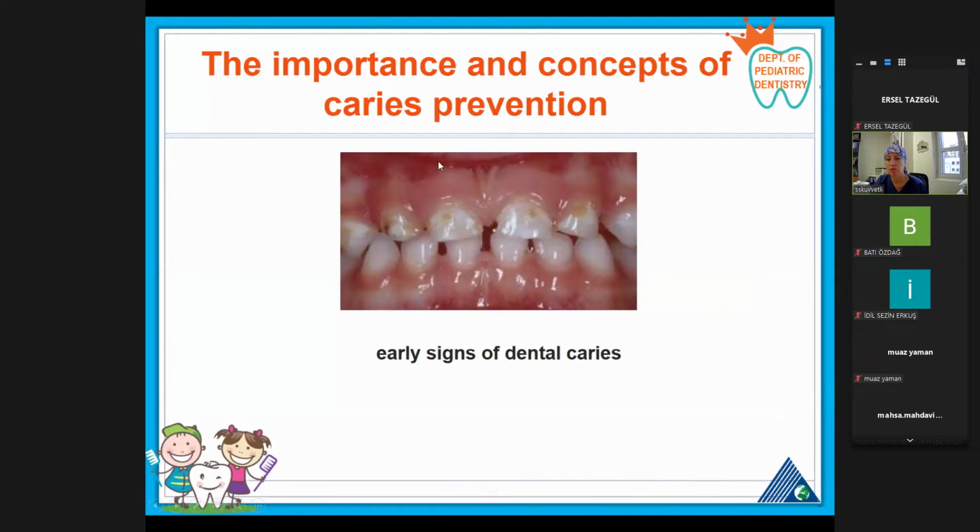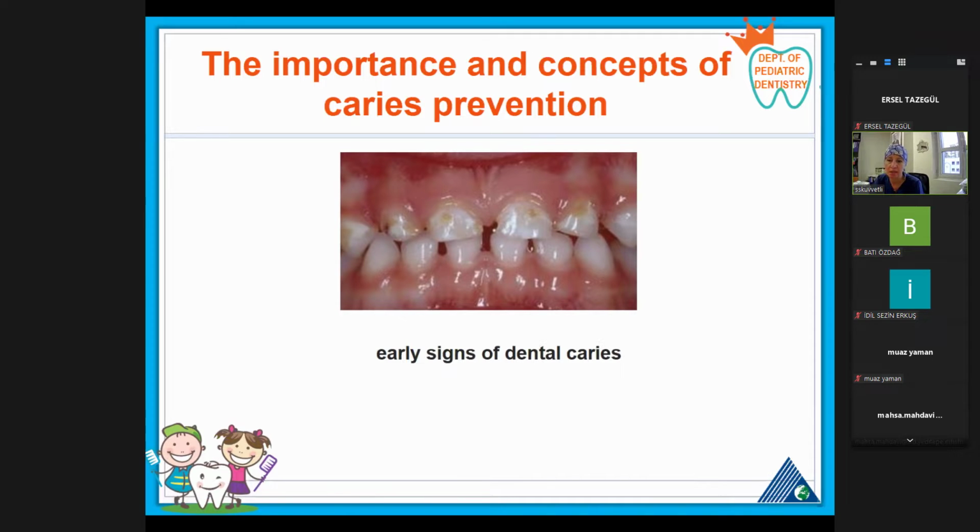And when we talk about early signs of dental caries, you can see here and here and here. And we will talk about these early childhood caries when you are in the 4th grade, I think, in the clinical applications courses. You will be informed about that in detail.